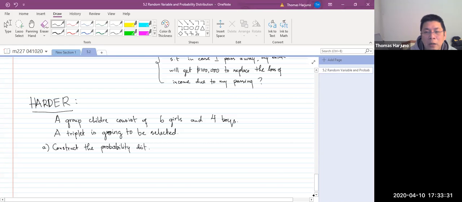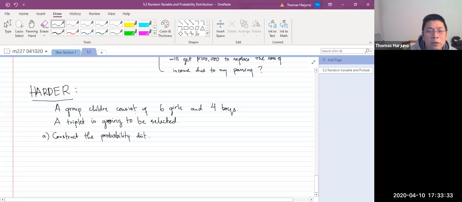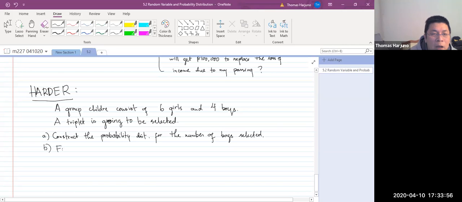I'm sorry, I forgot to say that it is for the number of boys selected. And then after that, find the expected value, and third, find the standard deviation.